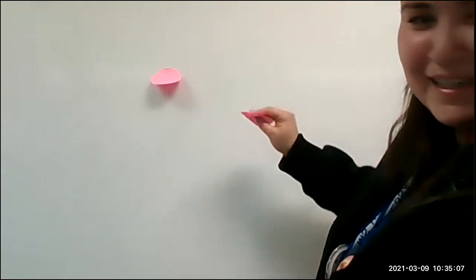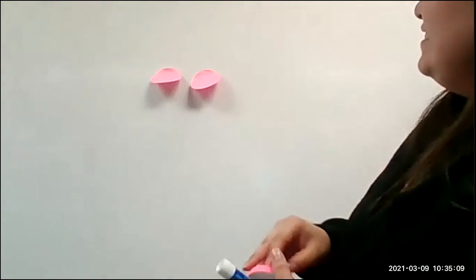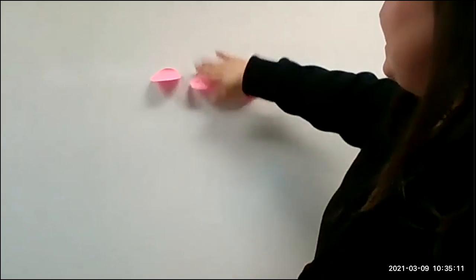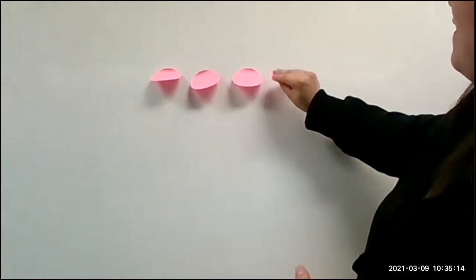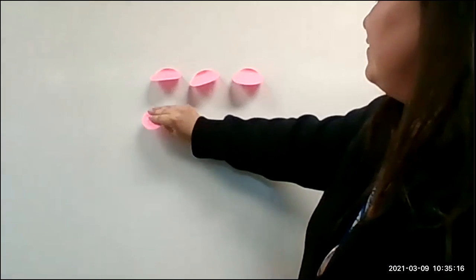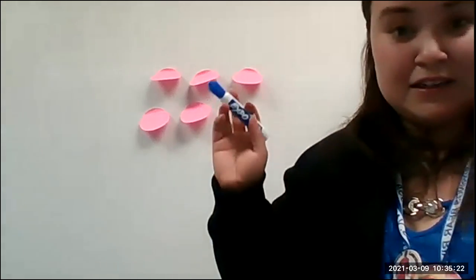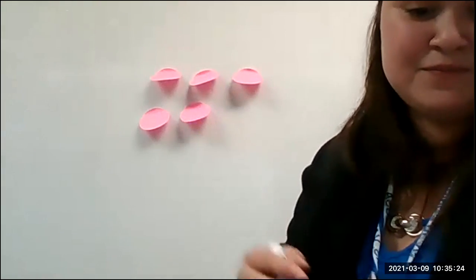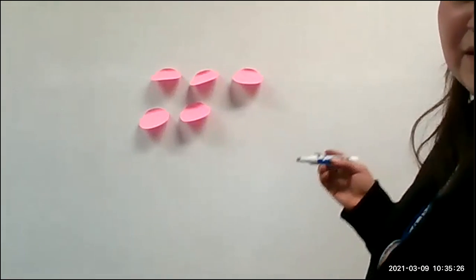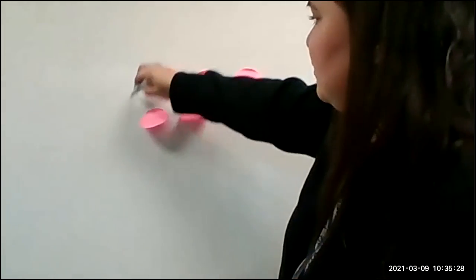What I might do, so I'm going to put up 5 Post-it notes. Yay, a smaller number today. 1, 2, 3, 4, and 5. Remember, we got to circle our groups of 2. See how many groups of 2 we can make.